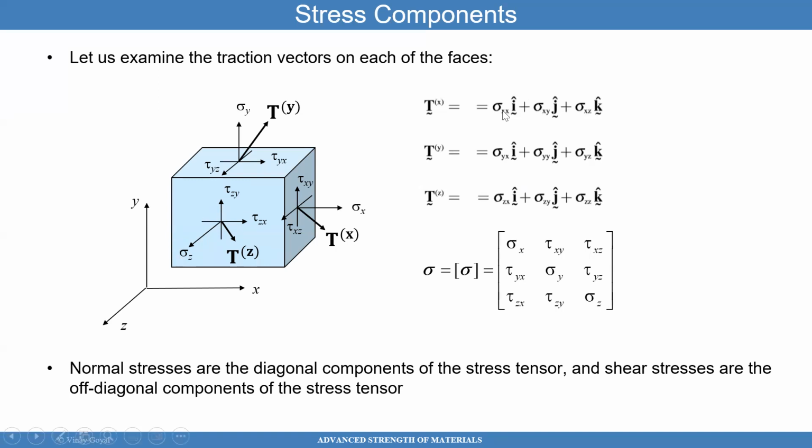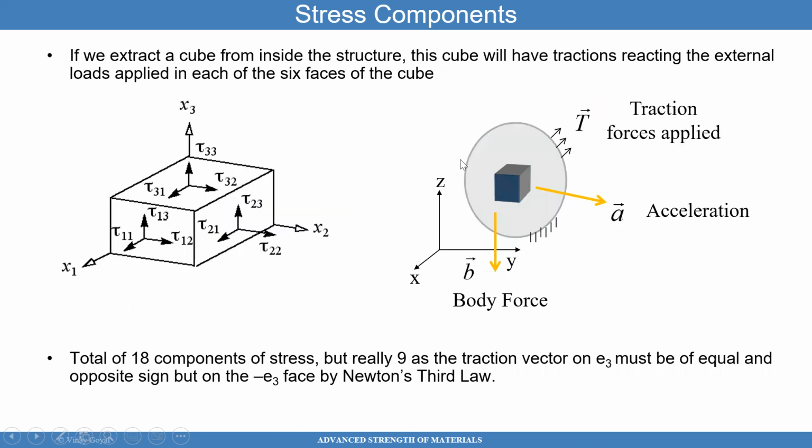Sigma xx, sigma yy, and sigma zz are the diagonal components here, while the off diagonal components can be seen here. You can see sigma zy there, sigma zx there, and then each of these have been transcribed here. And what you see here is that we have 9 components of stress that fully define a point in this body of material.